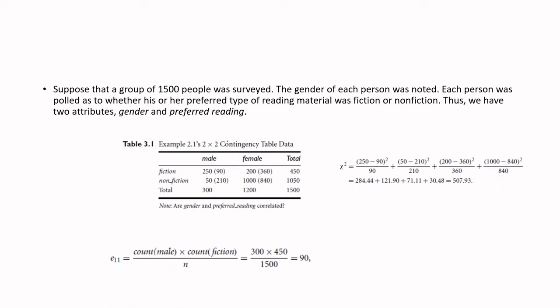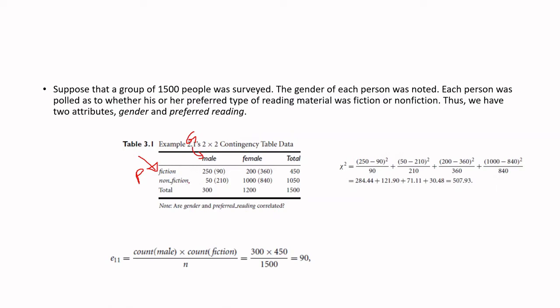Now, what are the attributes? In this case, one of the attributes is gender, with values male and female. And the other is the preference of a person for reading books. So some people prefer fiction and some people prefer non-fiction.